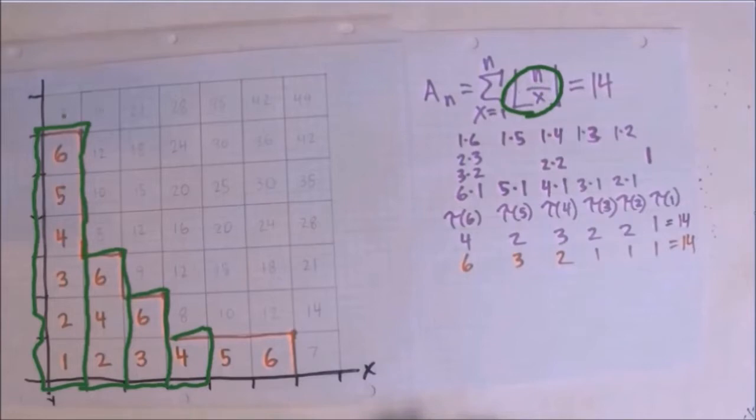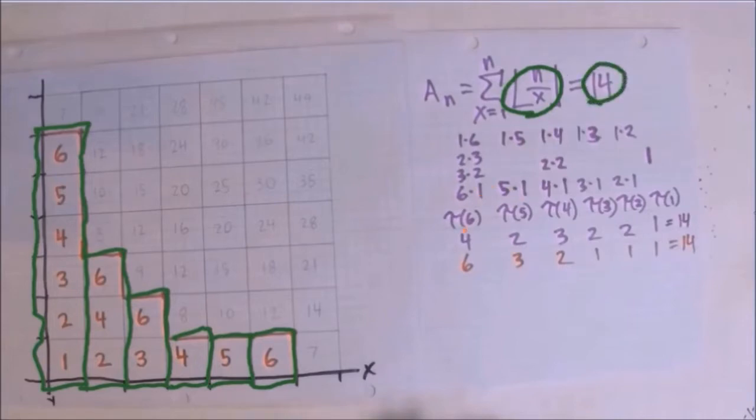There's no fractional parts. And doing that, we get all the numbers that are equal to n or less that are to be had on the multiplication table. So we can add it up this way and we get 14.